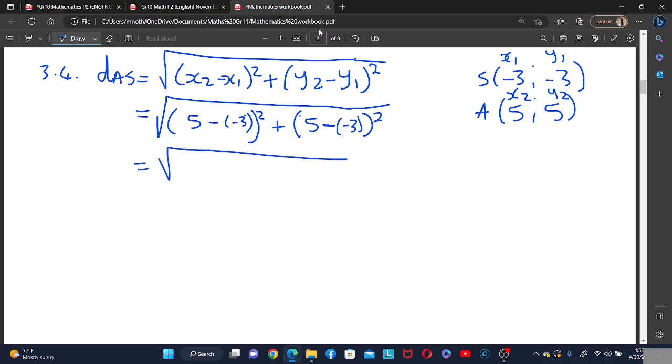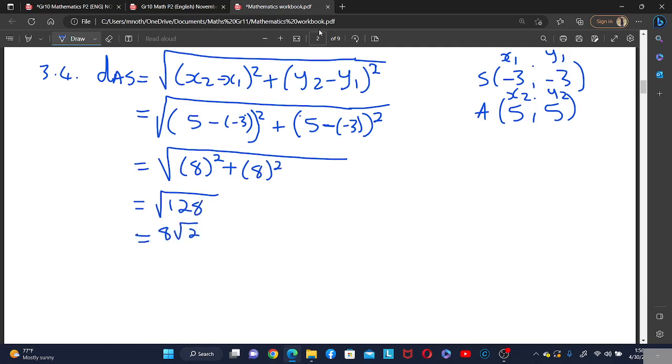So this is going to give you 8 squared plus 8 squared, which is the square root of 128, which is 8 root 2.